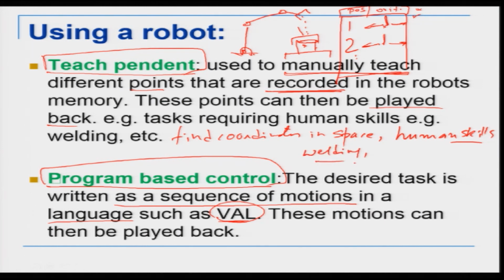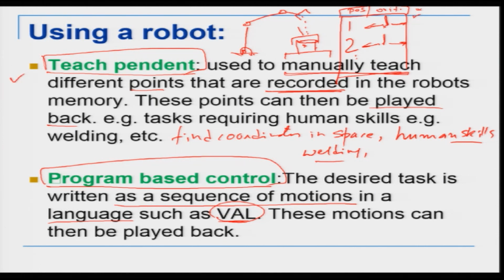Welding is an application which is extremely difficult to perform for a robot. Why? It is very difficult to get the exact positions in space of how an expert welder actually performs a welding task. So, what is done is that an expert welder takes the welding torch and moves it in space, and those points are recorded, and we can play that back. That can be done by using a teach pendant.